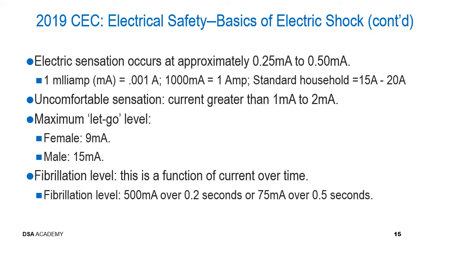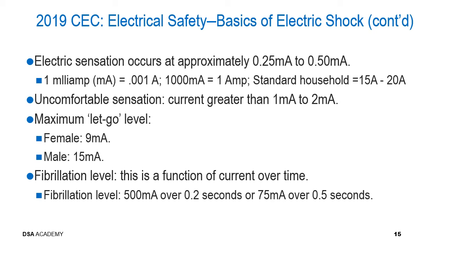The uncomfortable sensation that a person gets is received when a current larger than 1 milliamp to 2 milliamps is received. The maximum let go level that a female can distinguish is 9 milliamps. For males, that same let go level is 15 milliamps.